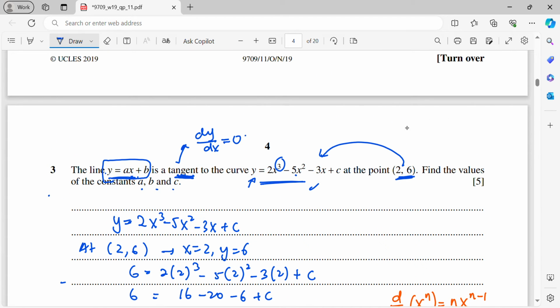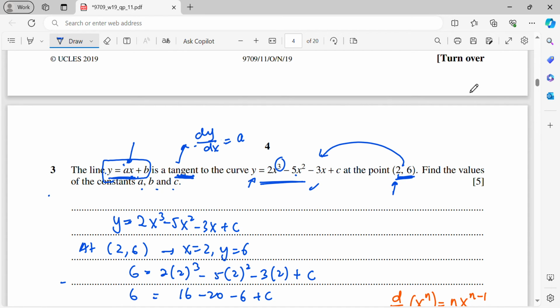Okay, so now we know that at x equals 2, dy dx is my gradient of tangent. So I shouldn't say dy dx equals 0, because when dy dx equals 0, that is the maximum point. So this dy dx is basically the a, because this is a straight line.